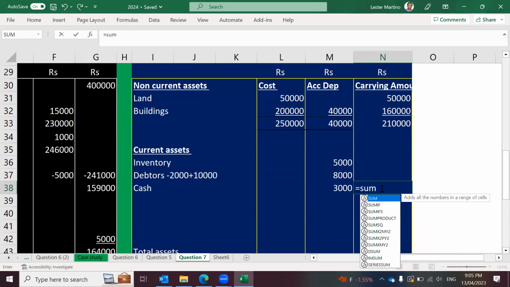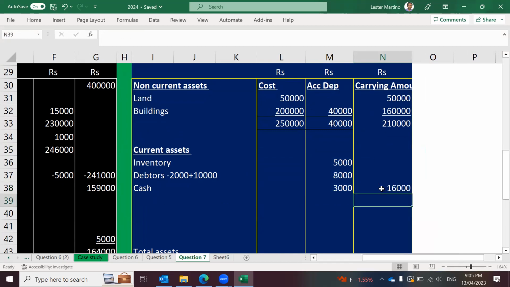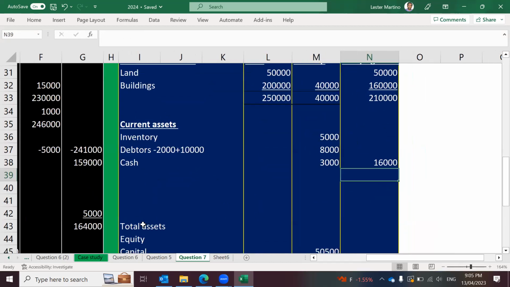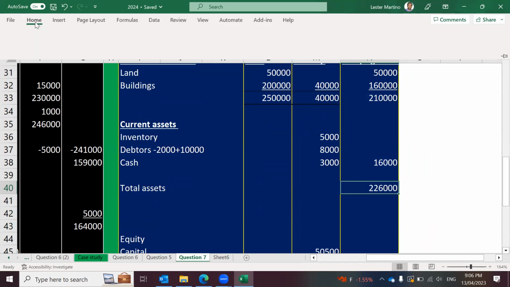Can you take the total current assets and the total assets? So just underline that.